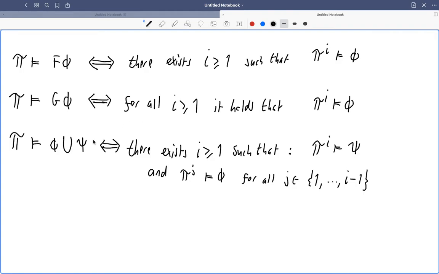Okay, so this is called a strong until because it requires that psi actually holds.